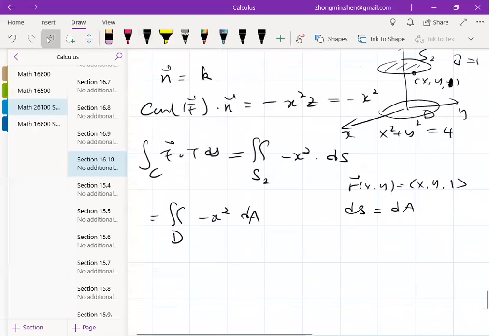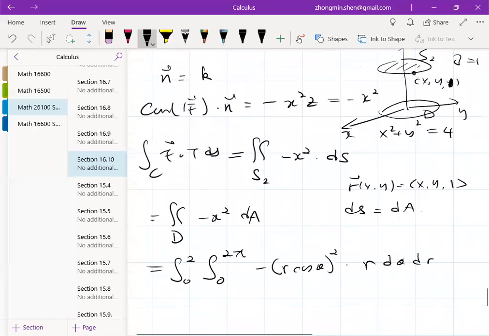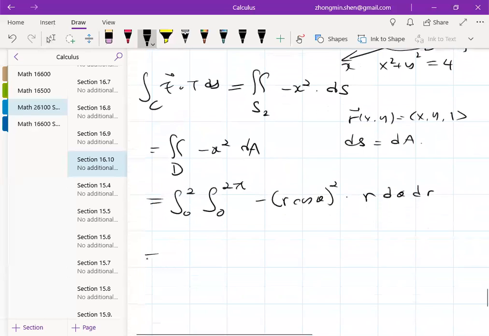So now this is a disk, and using polar coordinates, you will get r from 0 to 2, and theta from 0 to 2 pi, and negative r cosine theta squared, then r d theta dr, okay? Then not too bad, I can evaluate.